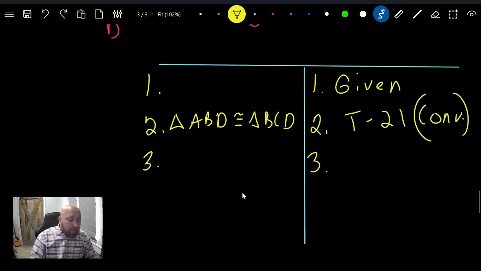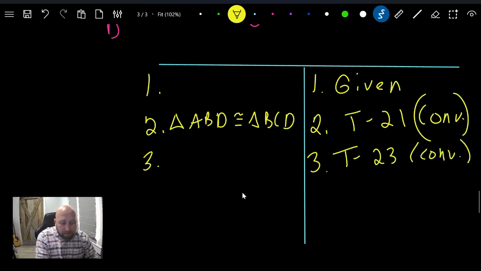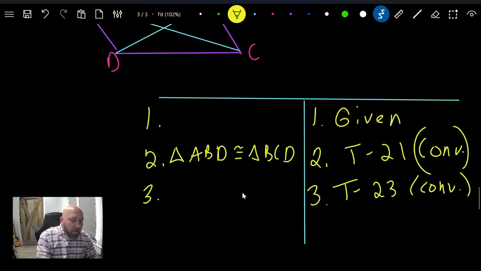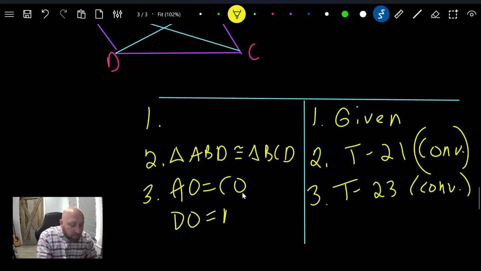So you could say here for 3, theorem 23, and that's technically the converse again of that theorem. We're kind of taking the backwards approach to that theorem. And we could say that all of those are equal. So AO equals CO and DO equals BO.